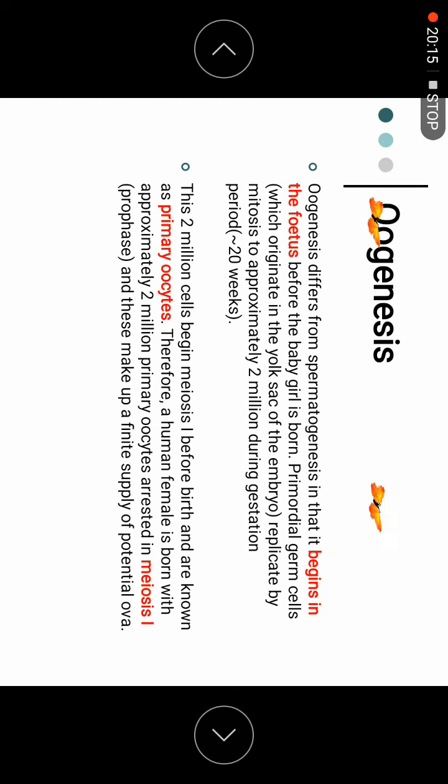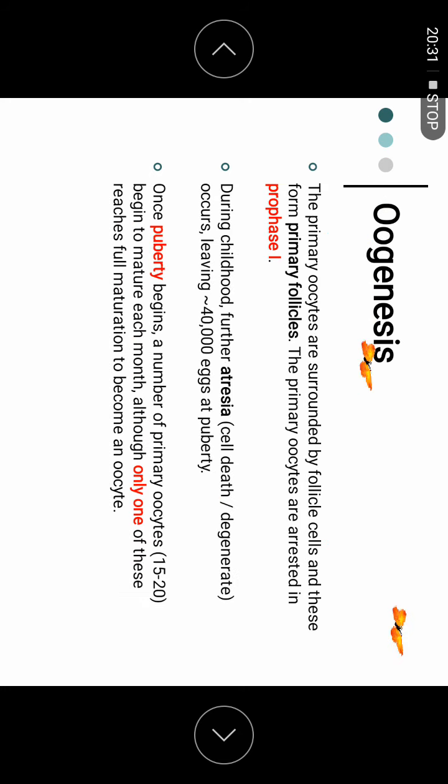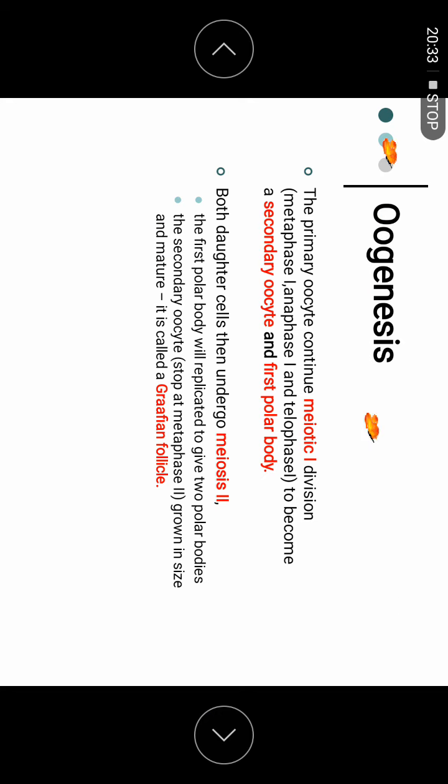These 2 million will enter meiosis before birth. That means after 20 weeks it will start meiosis 1, and then it will stop at primary oocyte, which is prophase. This 2 million will stop at meiosis 1, and then wait until puberty. After puberty it will continue metaphase 1, anaphase and telophase, and then become a secondary oocyte and first polar body.